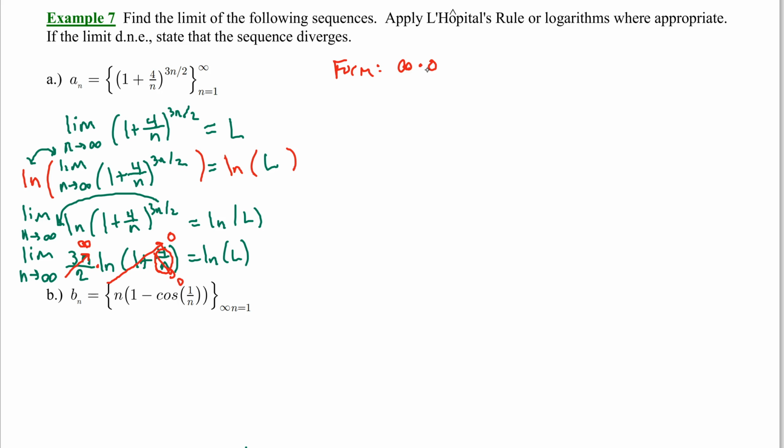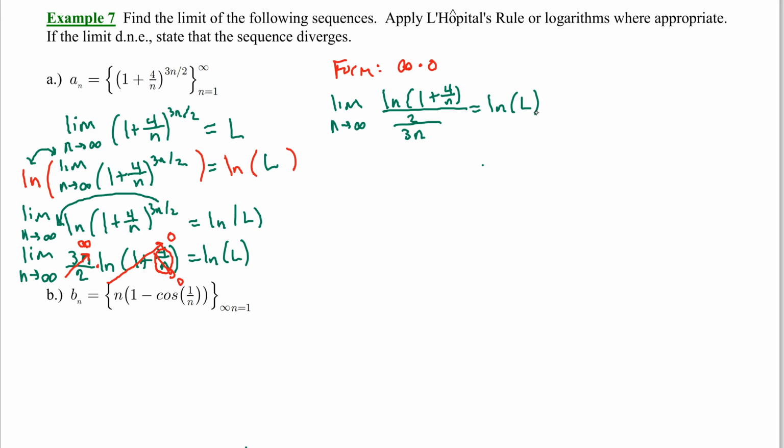So we're going to use an algebraic trick to rewrite the left side in a form where we can apply L'Hopital's rule. Let's write it as the limit as n approaches infinity of natural log of 1 plus 4 over n, and we're going to invert that coefficient and move it to the denominator. Those two changes basically mean I haven't changed anything.